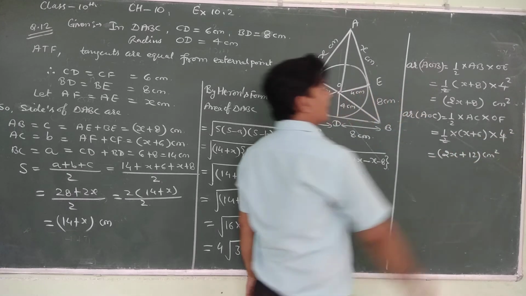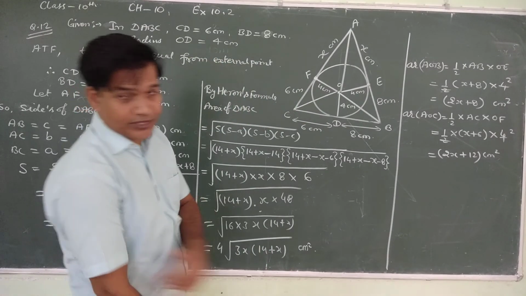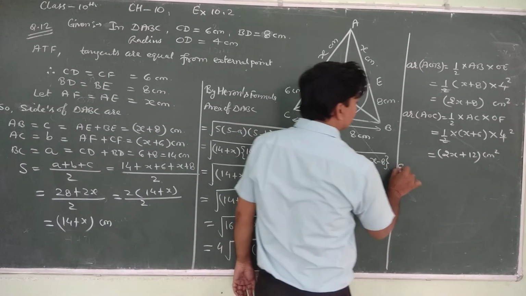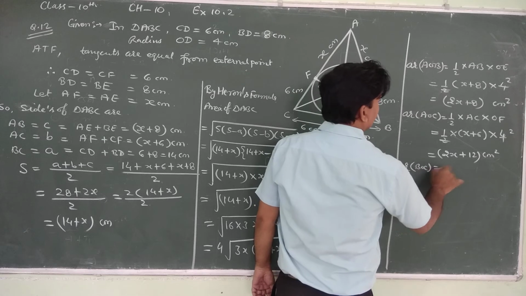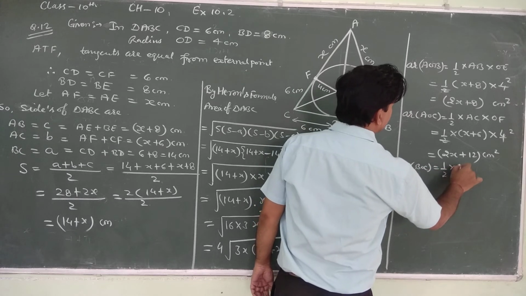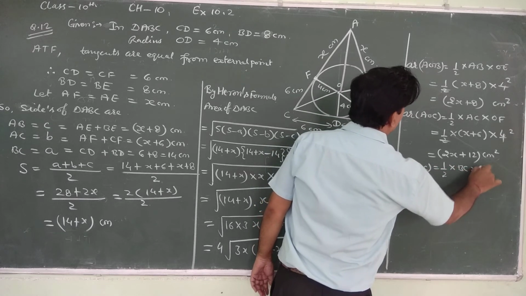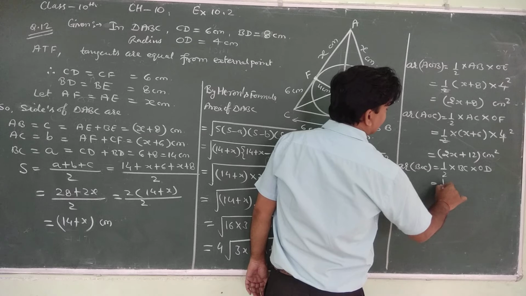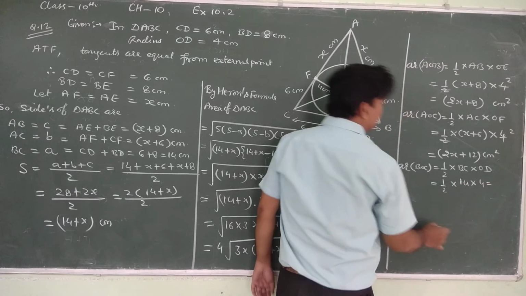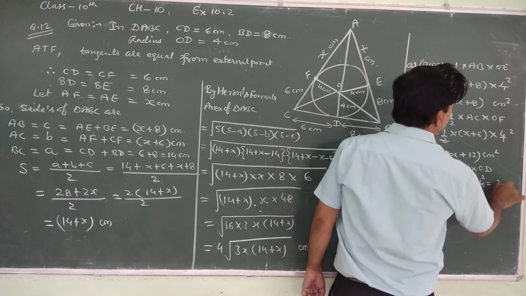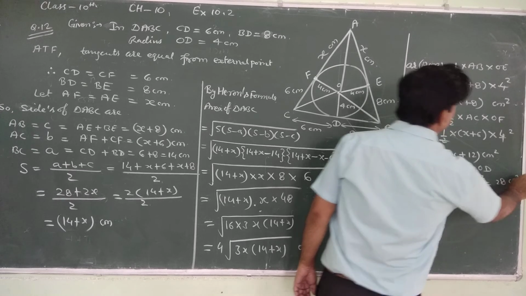This is the area of AOC. Now the area of BOC is again 1 by 2 base BC into height OD, that is 1 by 2 into 14 into 4, that is 28 centimeter square.